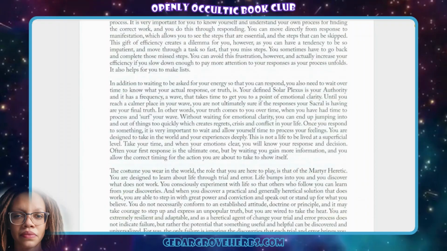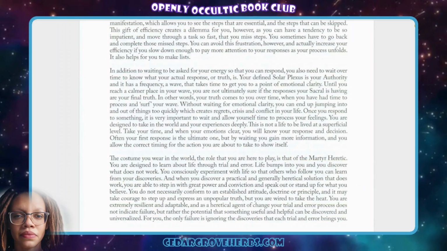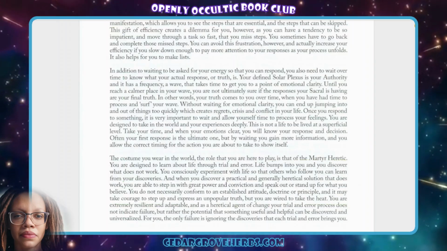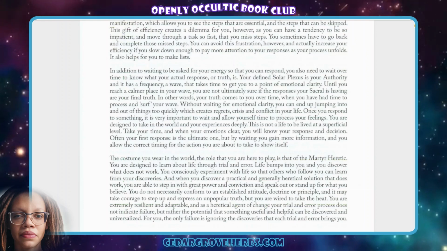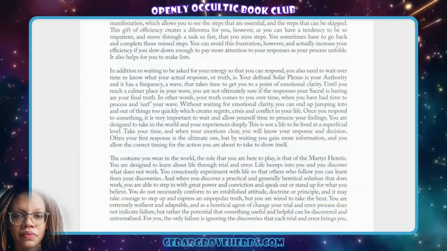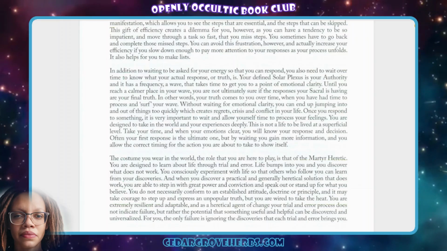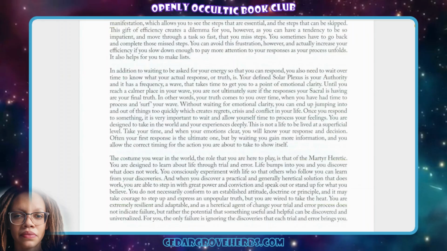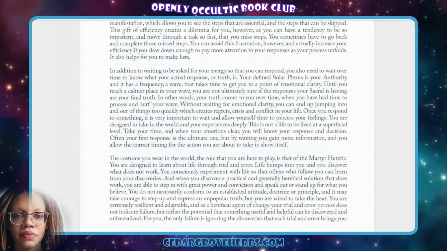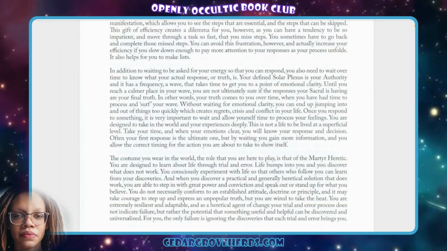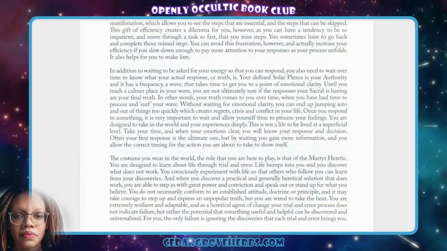In addition to waiting to be asked for your energy so that you can respond, you also need to wait over time to know what your actual response or truth is. Your defined solar plexus is your authority, and it has a frequency, a wave that takes time to get you to a point of emotional clarity. Until you reach a calmer place in your wave, you're not ultimately sure if the responses that your sacral is having are your final truth.